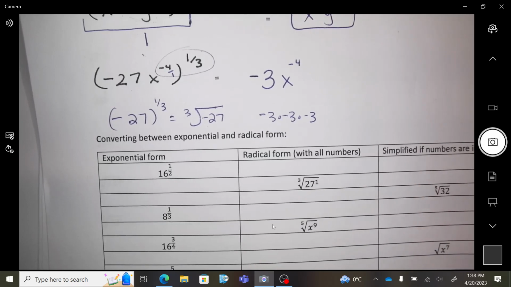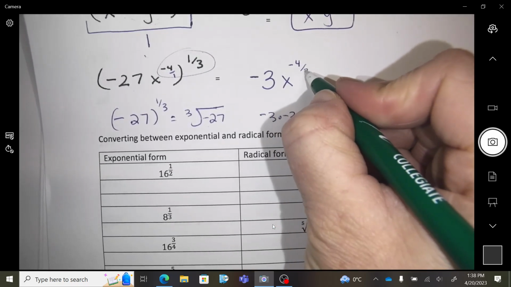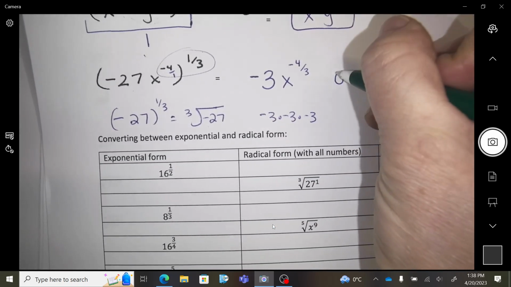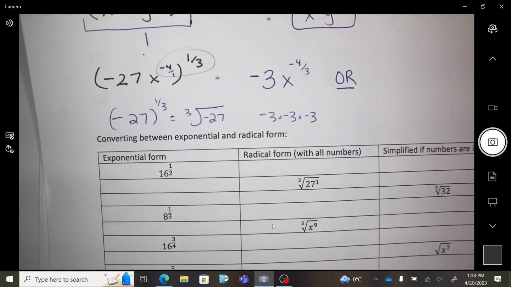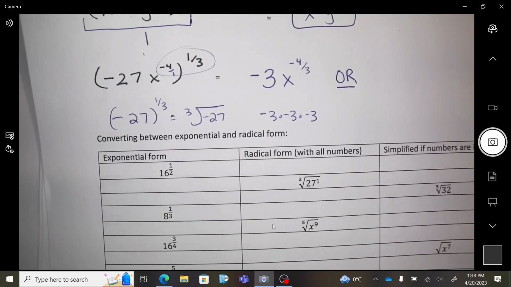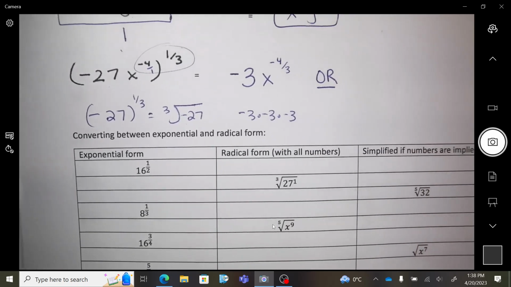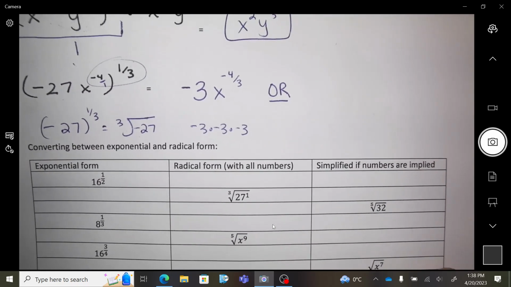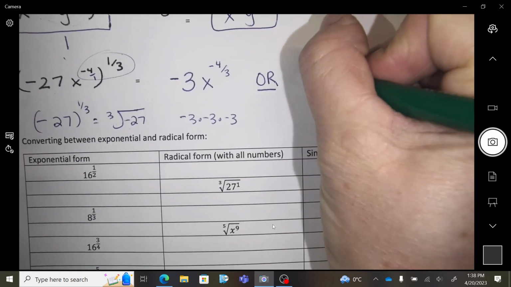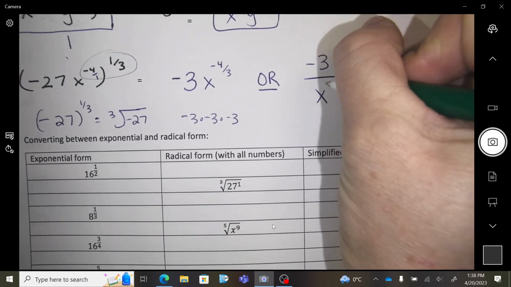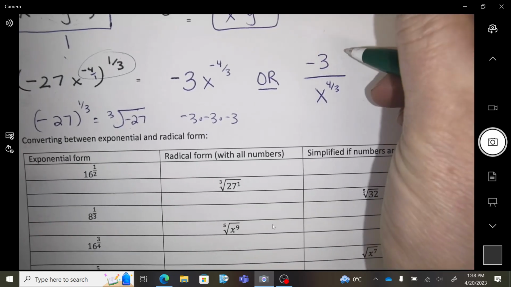Negative 4 over 3. Or could you write that in a different way? Negative 3 over x to the positive 4/3.